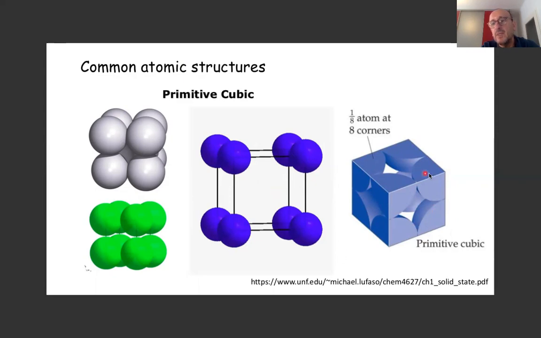So this guy would be this guy over here, exactly that one. But 1/8 of the atom that is in this corner belongs to this particular primitive unit cell. So this unit cell actually has one atom per unit cell, 1/8 for each corner of the cube. Okay.